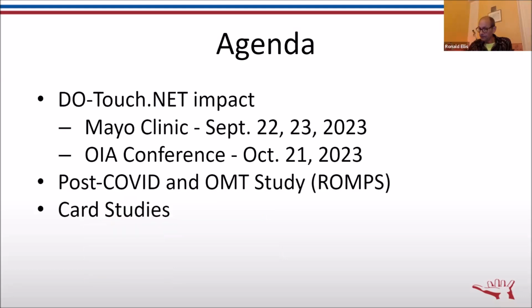Now, the other line of work that we have focused on this year are card studies. And for those who participated in our last year's annual meeting or have been active in following our communications and our webinars, card studies are a very simple yet robust form of studies that can be done very quickly, very easily.